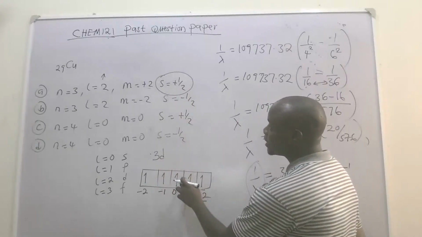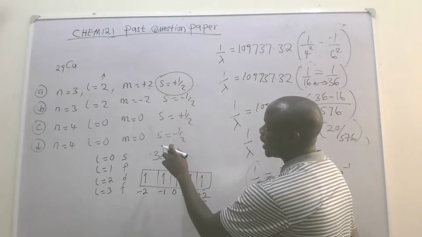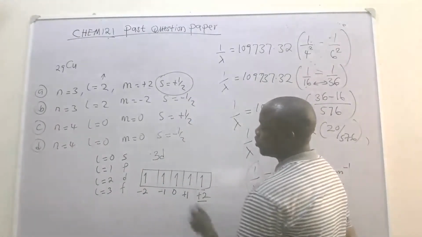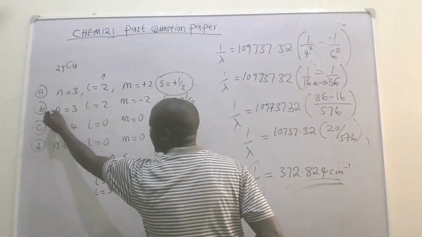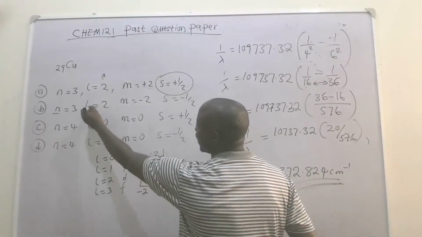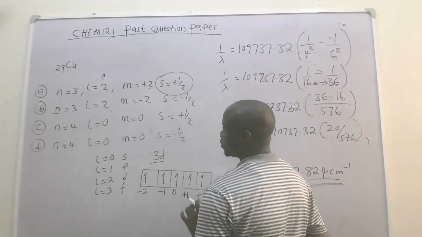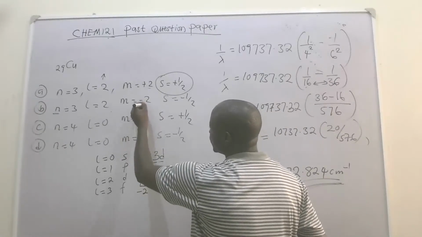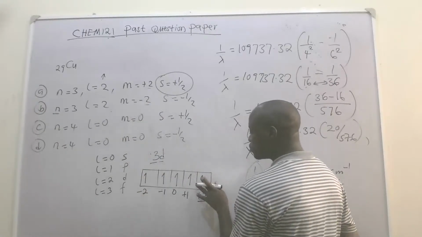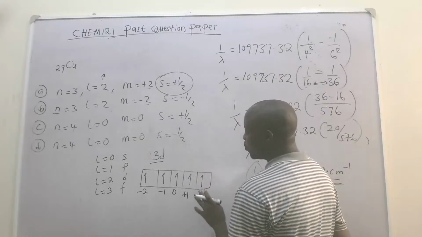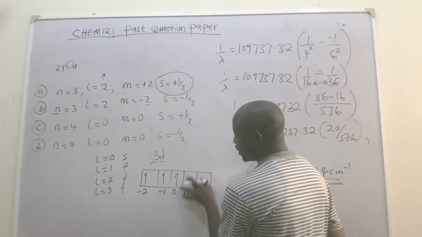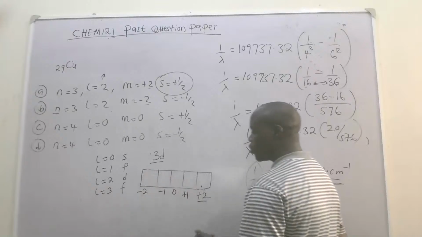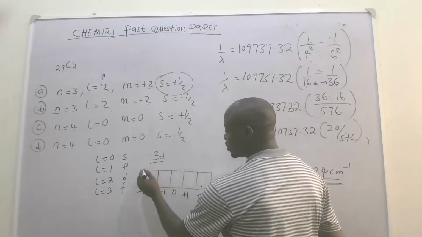But what makes option A and option B different? Of course, the n is 3 and l is 2, so we have 3d. But m is equal to minus 2. So since it is minus 2, what we are going to do in this case, let me delete this, is start arranging electrons like this.